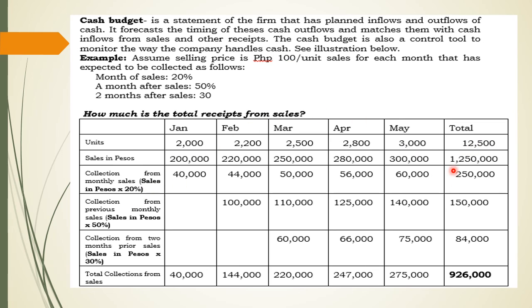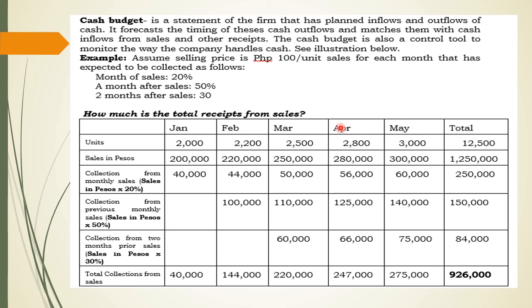So 12,500 times 100 is 1,250,000. So kaning 1,250,000 it times nimo sa 20%, you will get 250,000. And then the previous month 300,000 in sales times 50%, that is why you have 150,000.